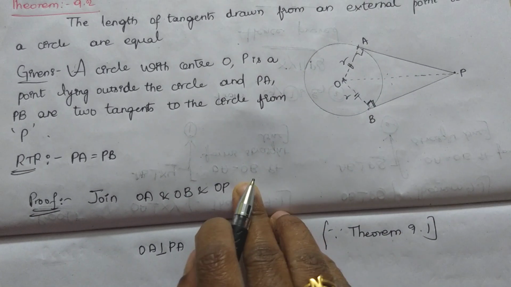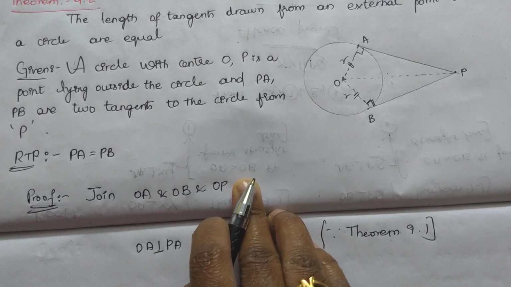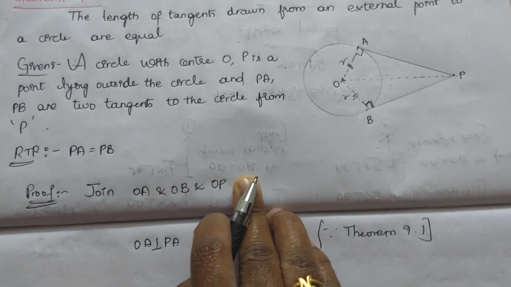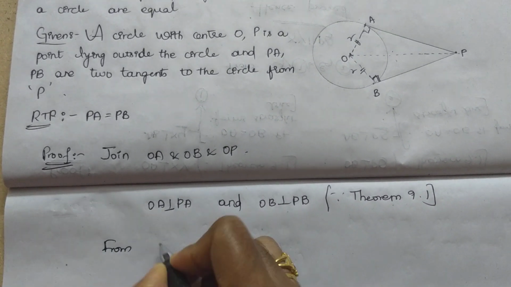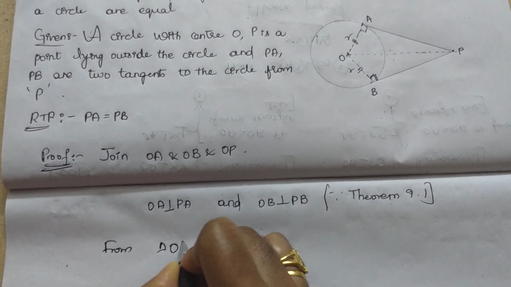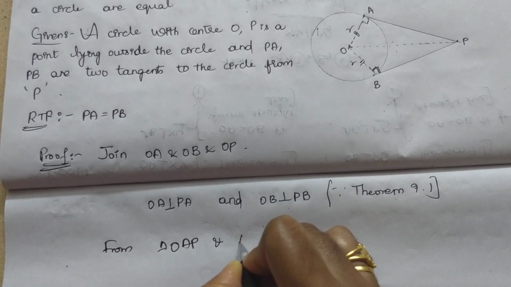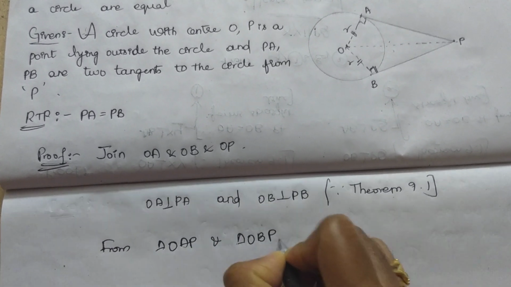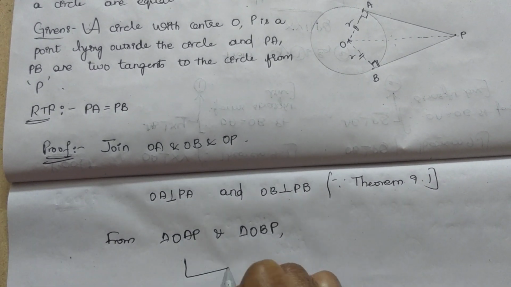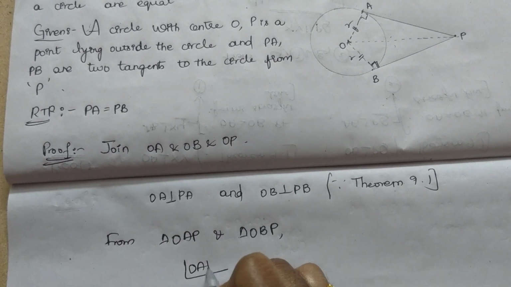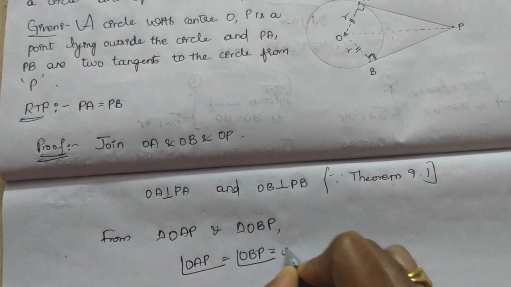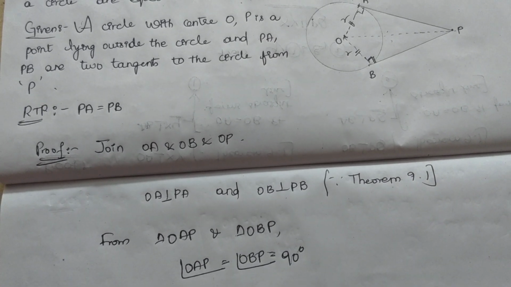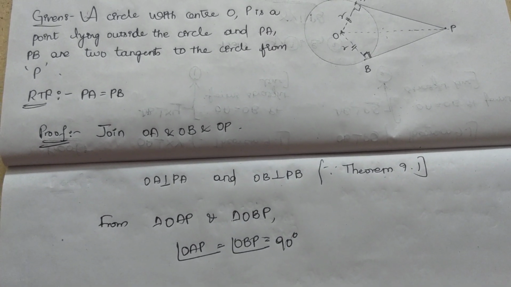When any triangle has 90 degrees, what is it called? It is called a right angle triangle. So write the same thing here. From triangle OAP and triangle OBP, angle OAP equals angle OBP equals 90 degrees.